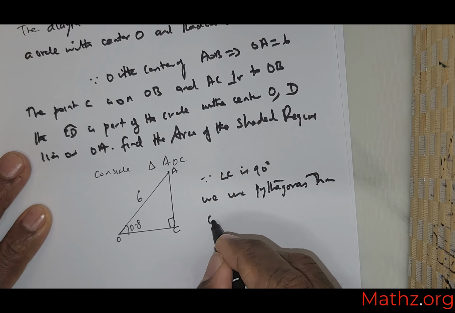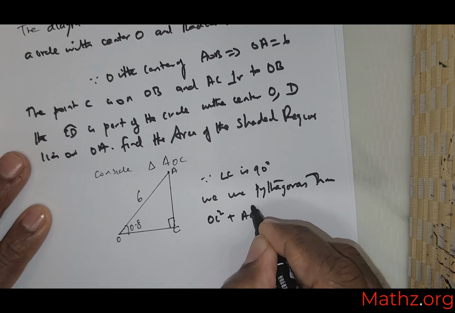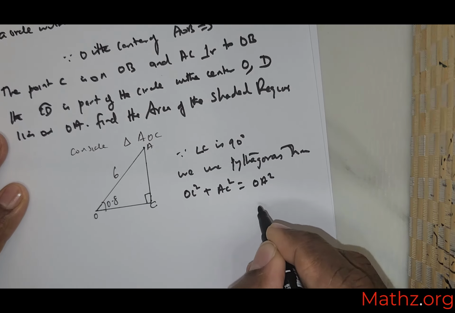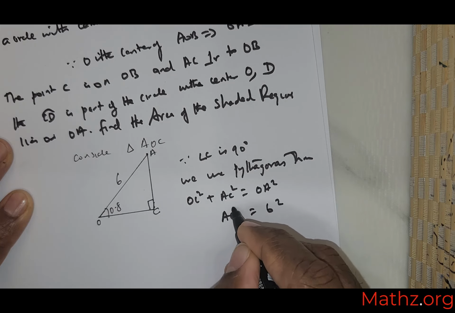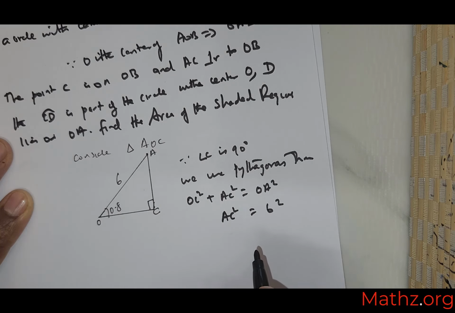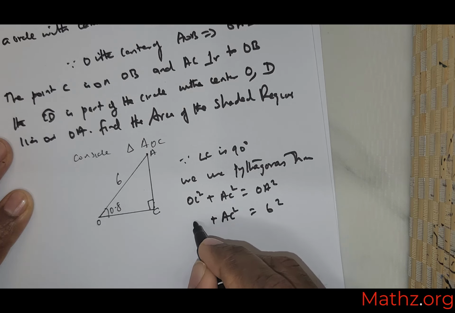We use Pythagoras theorem. So what is that? OC squared plus AC squared is equal to OA squared. Now OA squared is 6 squared. AC squared I do not know, and OC squared also I don't know.